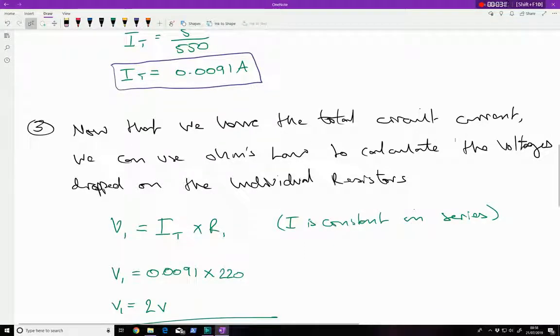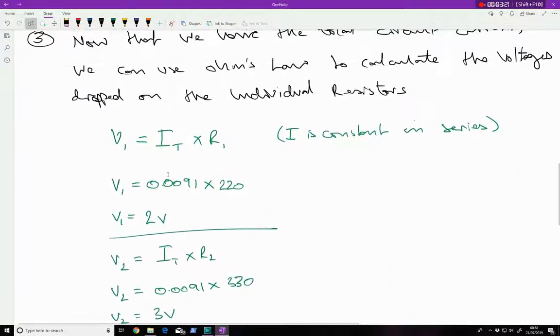So now that we have the total circuit current, in series the current never changes. So we can use Ohm's law to calculate the voltage dropped on the individual resistors. V1 is the voltage dropped on resistor 1, and R1 is the resistance of resistor 1.